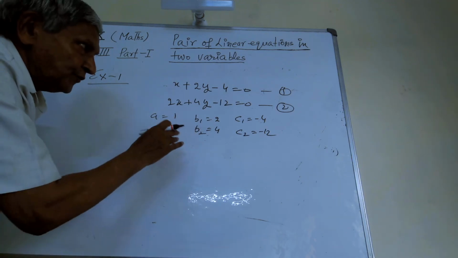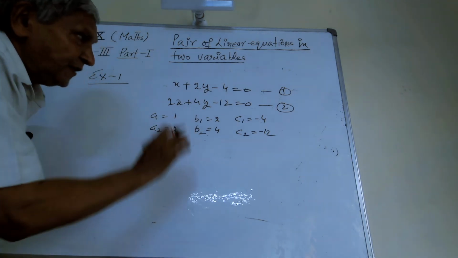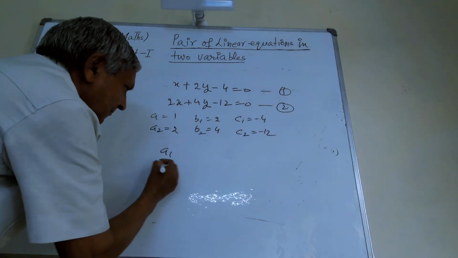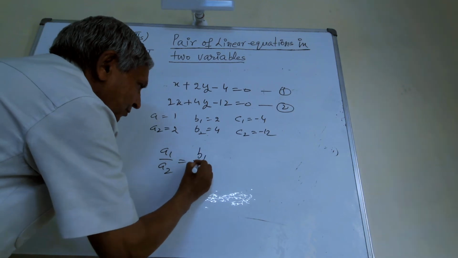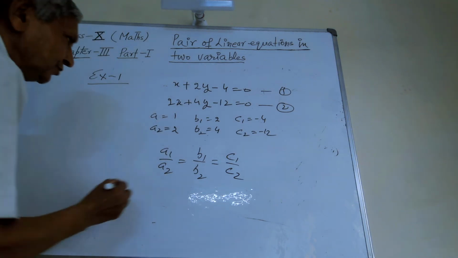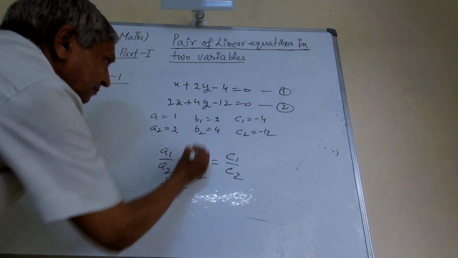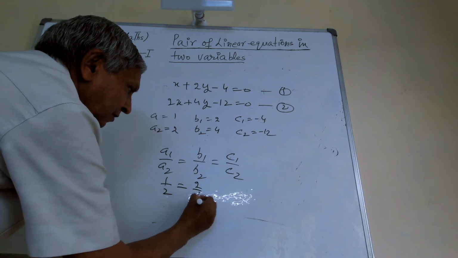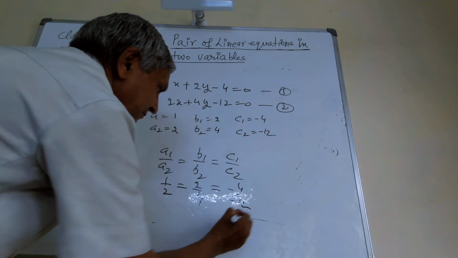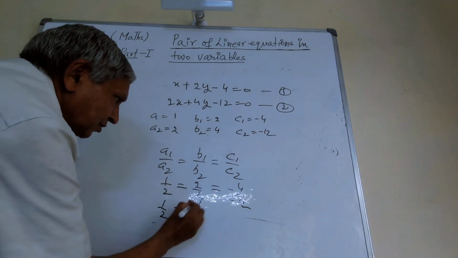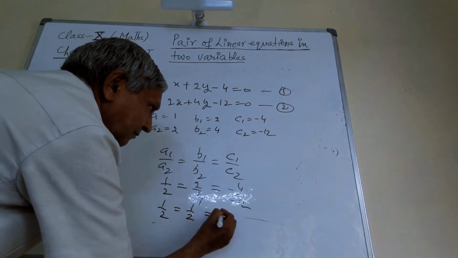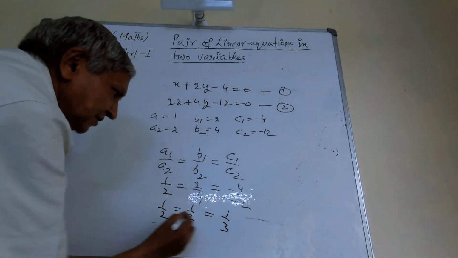As I have told you in the first example, write down these values very carefully, and write down the condition: a1 upon a2 is equal to b1 upon b2 is equal to c1 upon c2. Now by putting the values, 1 by 2, 2 by 4, and c1, c2 minus 4 by minus 12, we get 1 by 2 is equal to 1 by 2 is equal to 1 by 3. The first two are equal, but the third is not.